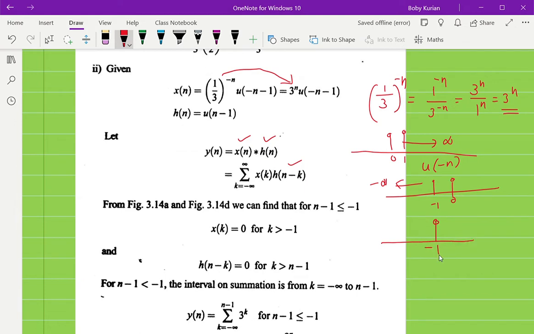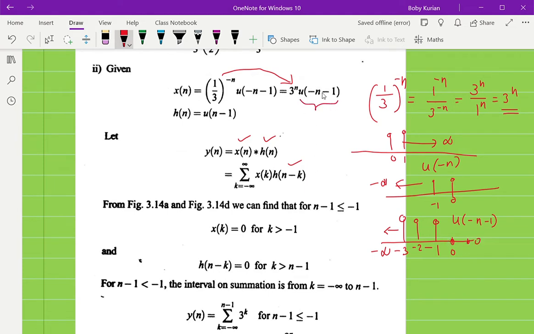So it will be like this, minus 2, minus 3. So this is u of minus n minus 1. We time reversed it and then shifted it one unit to the left. So this is ranging from minus infinity to minus 1. From 0 to plus infinity its value is equal to 0. So that is the specialty of this signal.